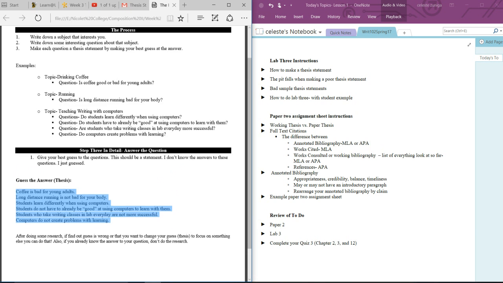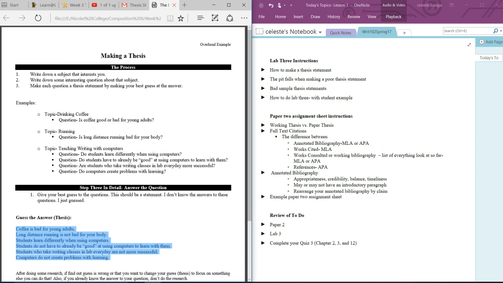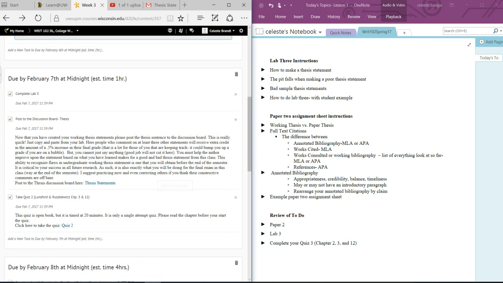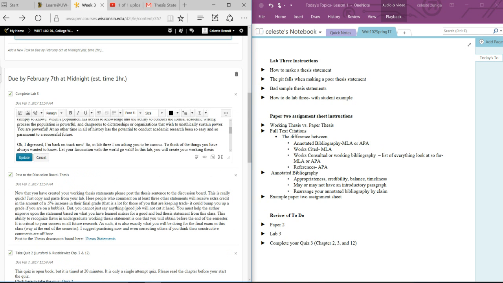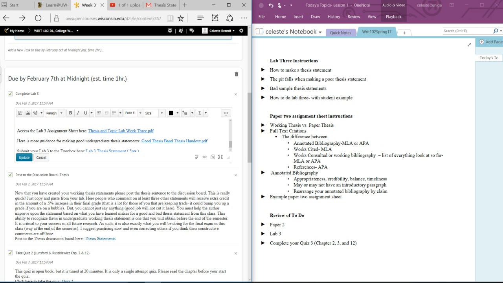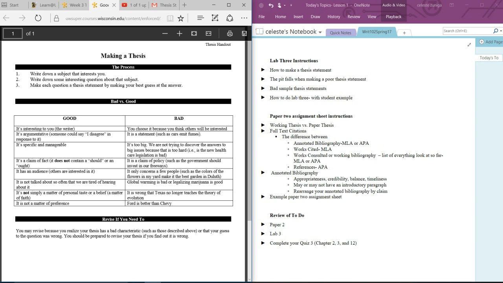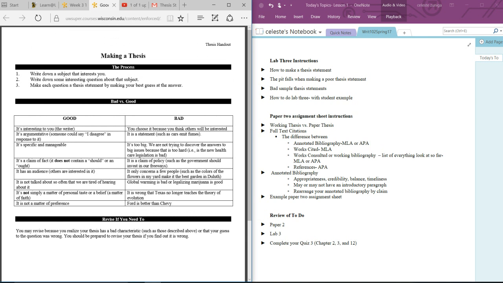So this best guess answer, though, has some pretty major pitfalls that it can fall into. If your thesis statement is too big, too small, or it is an opinion, all those things will make it unworkable. So it can't go forward and be good in writing. So let's talk more about this.